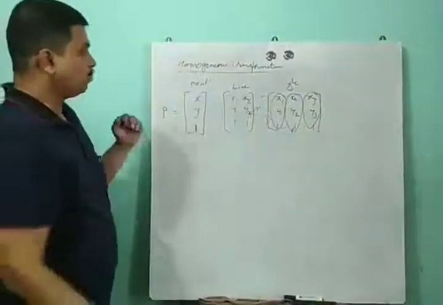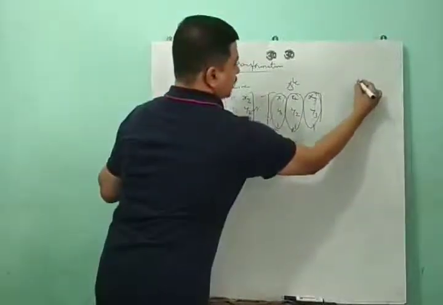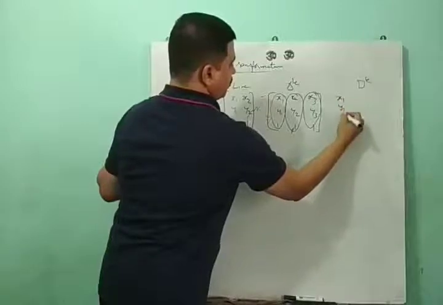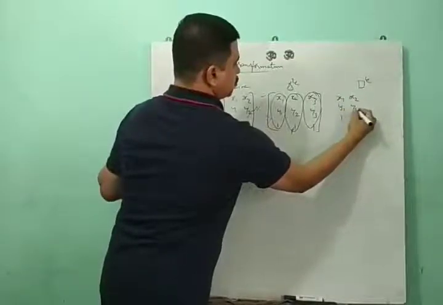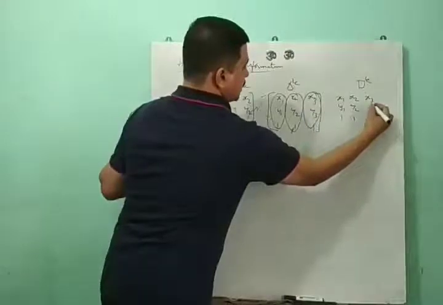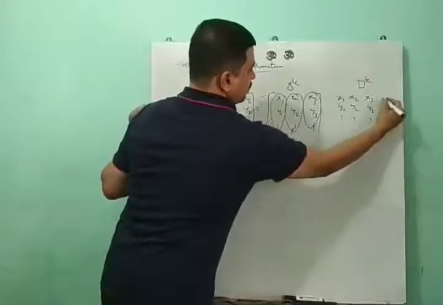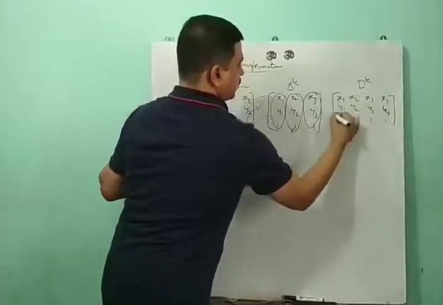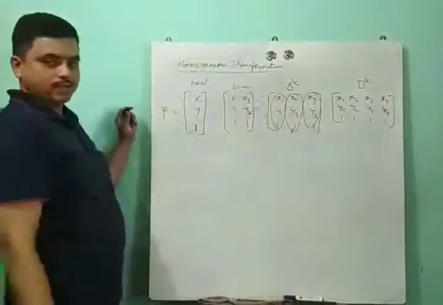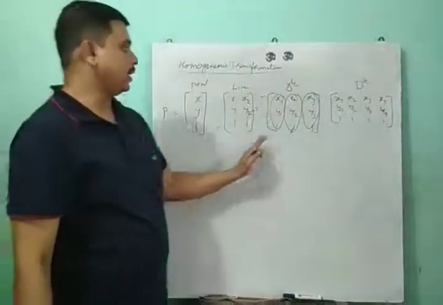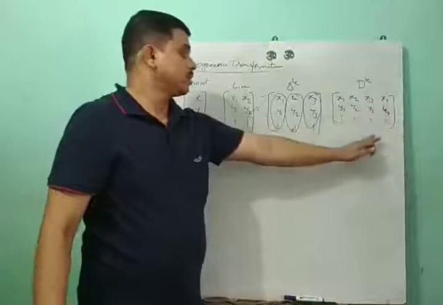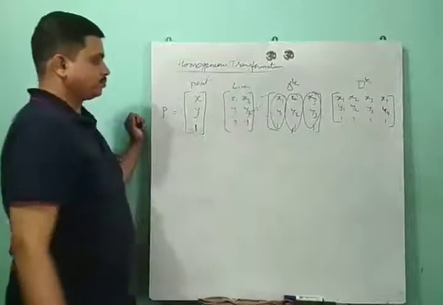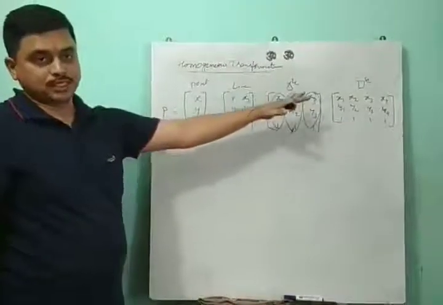Same way, if you go further for a rectangle or a square, it can be represented as x1, y1, 1, x2, y2, 1, x3, y3, 1, x4, y4 and 1. So you can represent in this manner, whether it is a point, a line, triangle or a square or rectangle. So here we are adding one dummy element to make it homogeneous.